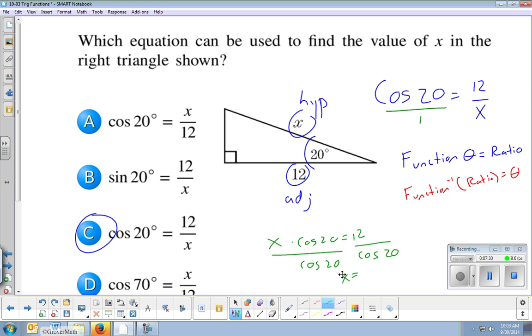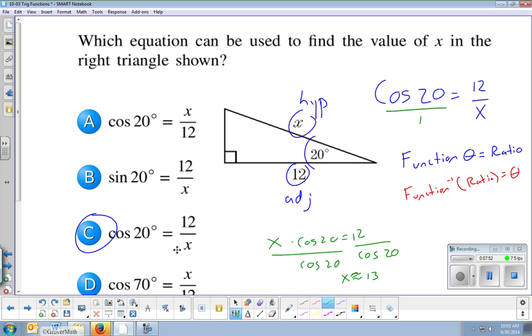And let's see what that is. Again, I'm going to type that into my calculator, which you can't see. But 12 divided by cos 20 is 12.77, so it comes out to be about 13. Which makes sense, because it's longer than the side that I have here.